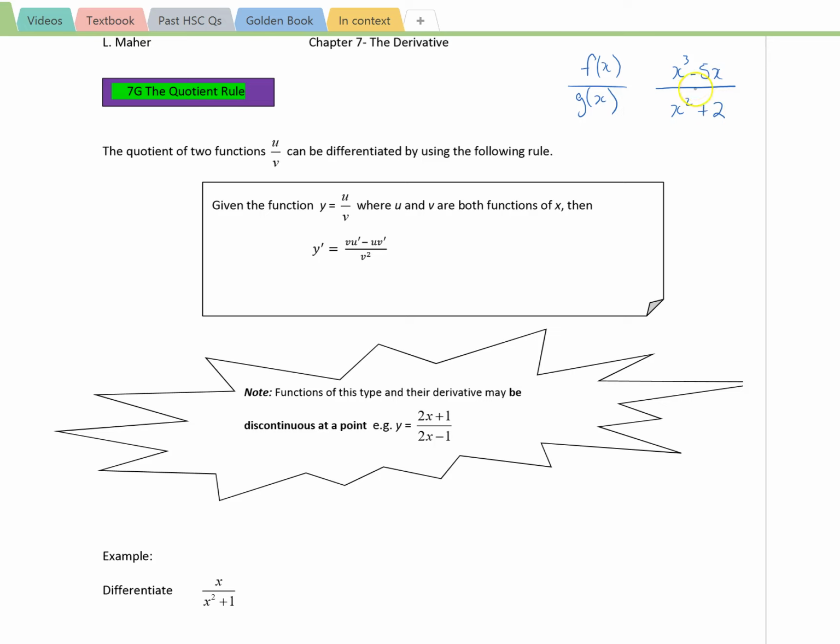Now, you could replace f of x and g of x with u and v, like we have previously for the product rule.